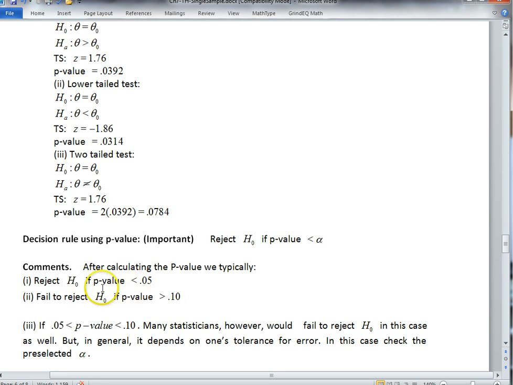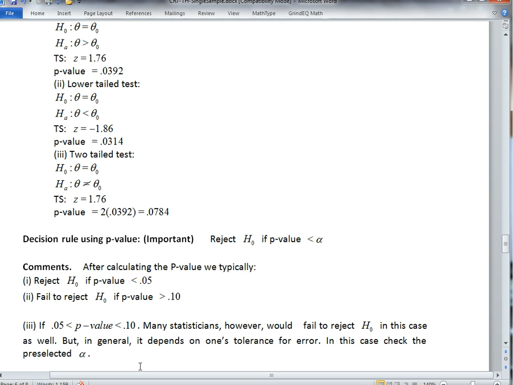After calculating the p-value, typically we reject H0 if the p-value is less than 0.05. If it's more than 0.05, we do not reject. If the p-value is between 0.05 and 0.10, most of us would fail to reject because 0.05 is the default value. But in general, it depends on one's tolerance of error. So what did you pre-select?